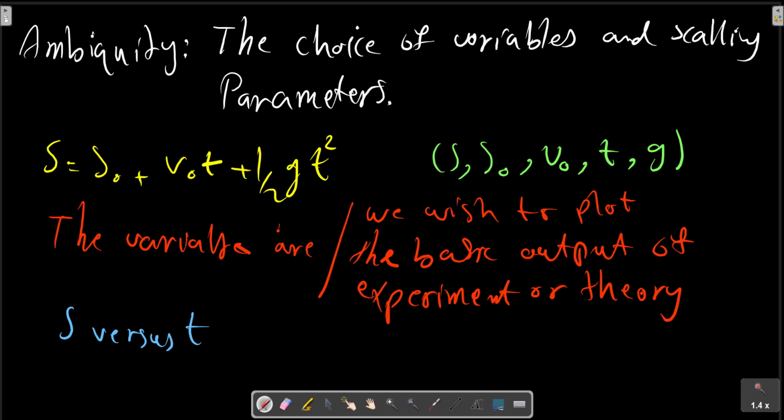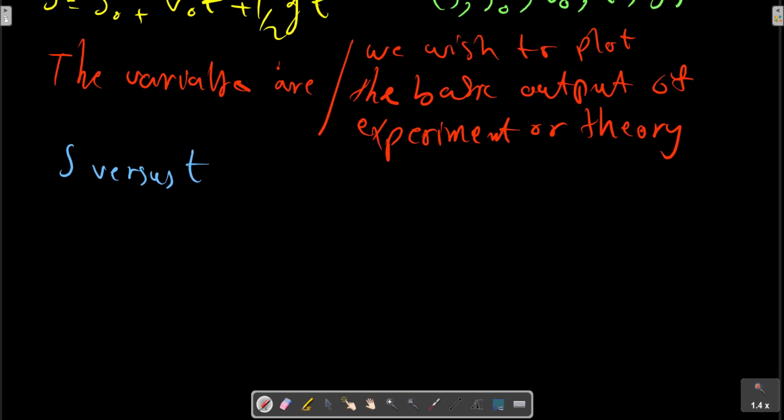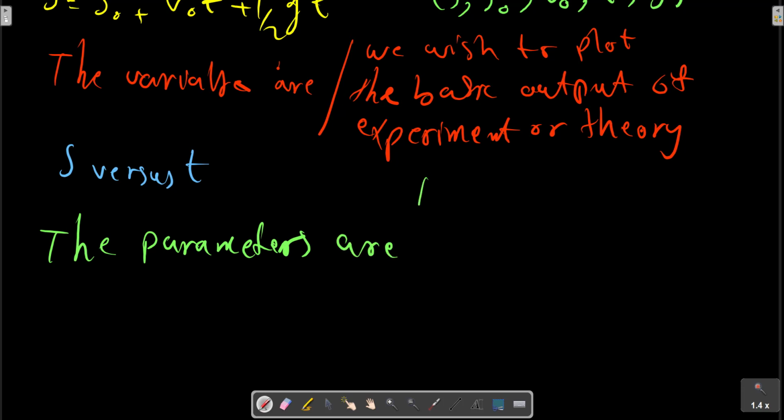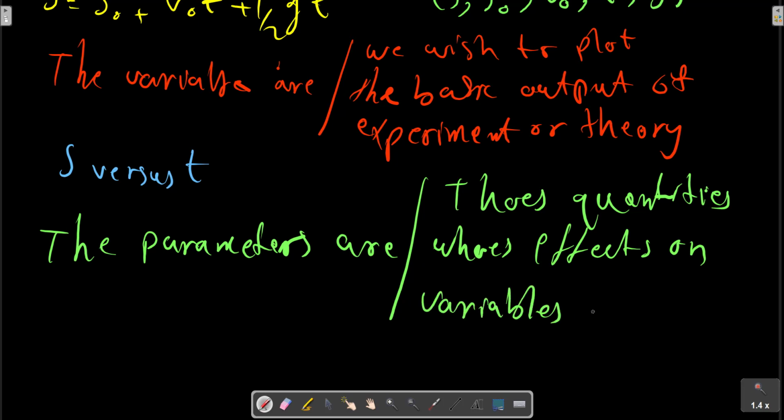The parameters are those quantities whose effect on the variables we wish to know.